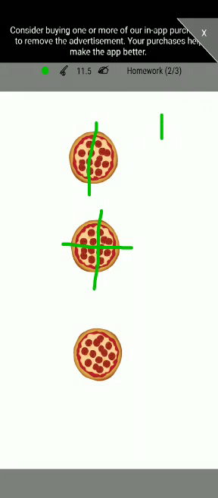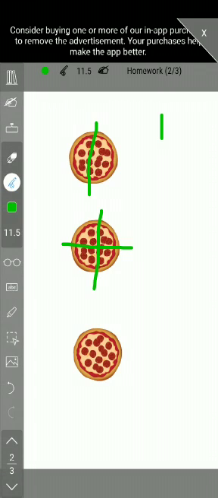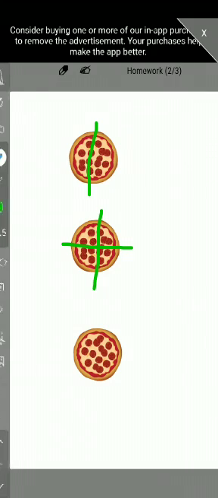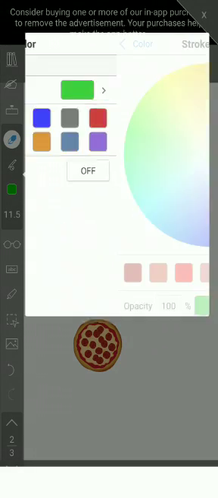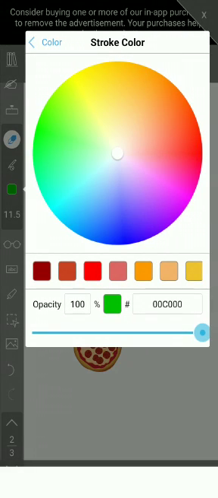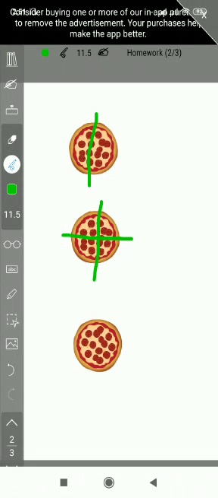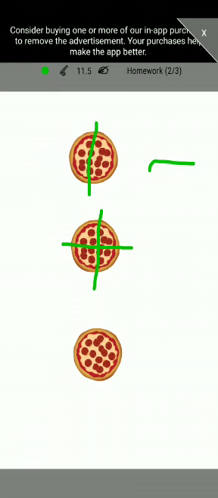In the first picture it was divided into two equal parts, and I chose to eat only half of it. So this one represents that I have eaten one half, right?